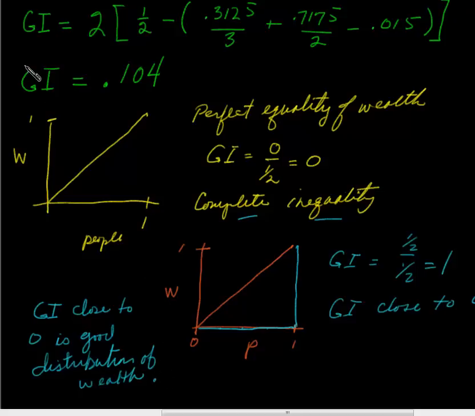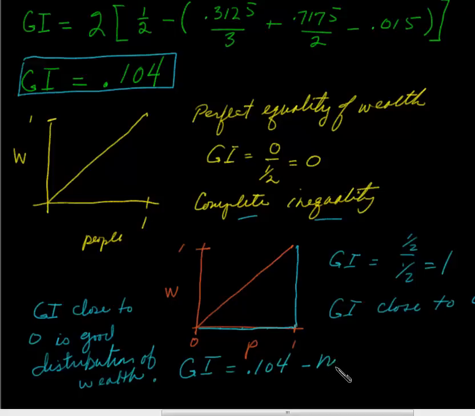In our example, we have a Gini index of 0.1. Of course, that's not perfect, but a Gini index of 0.104 is not bad. In fact, it's certainly better than most places in the world. The wealth is more nearly evenly distributed. I think this is made up data, but it was interesting to work with. So this is an application of area between curves, going way longer than I intended.